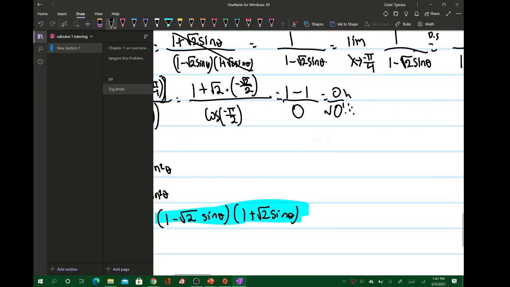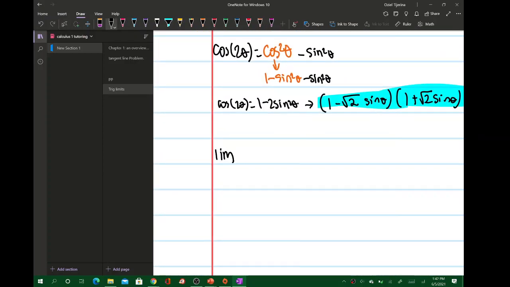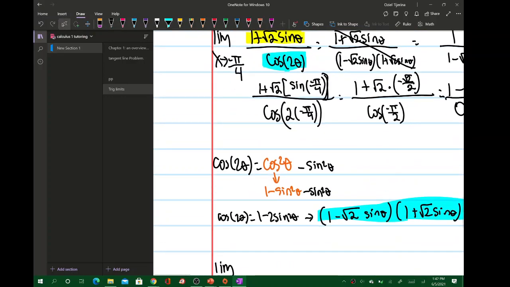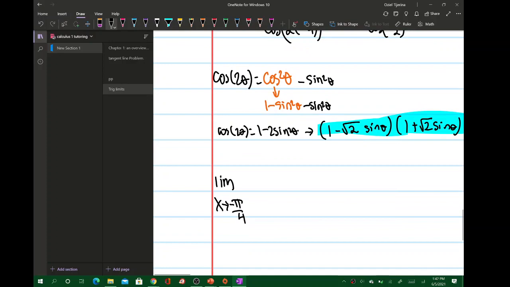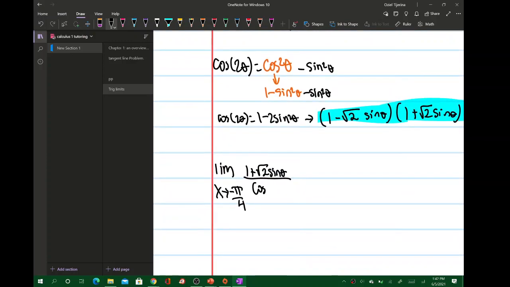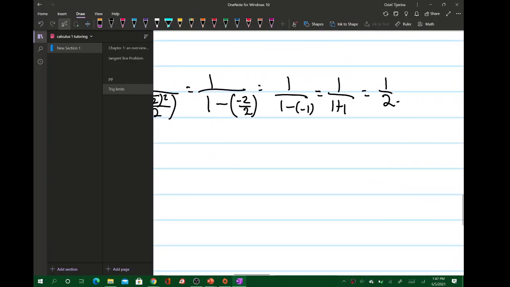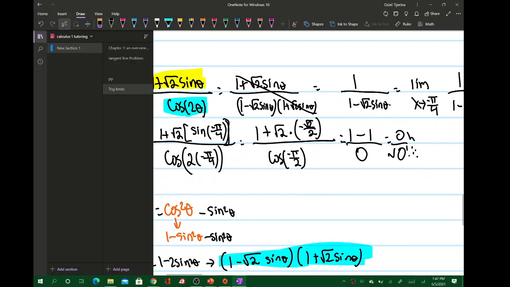So therefore, the limit as theta approaches negative pi over 4 of 1 plus square root of 2 sine theta over cosine of 2 theta is equal to 1/2. Okay.